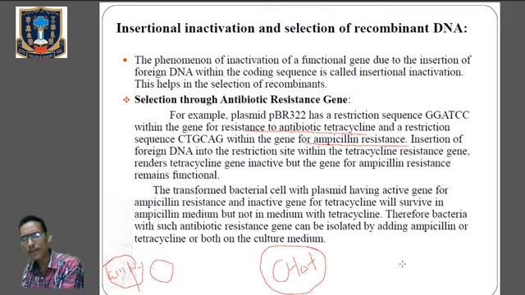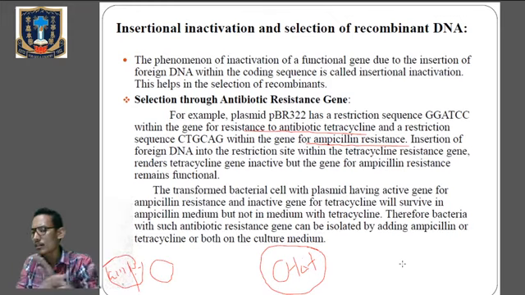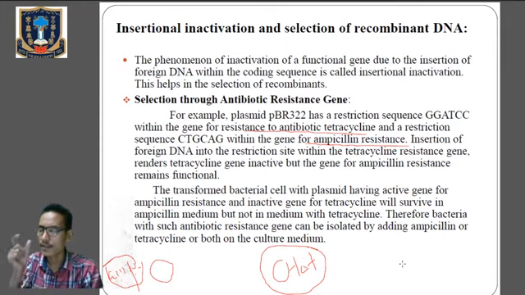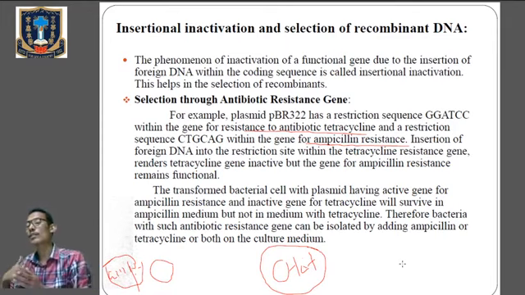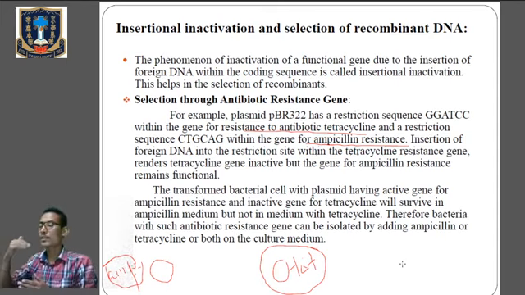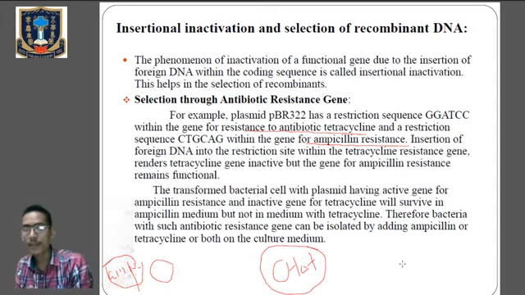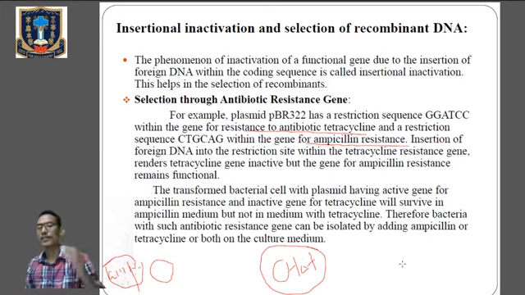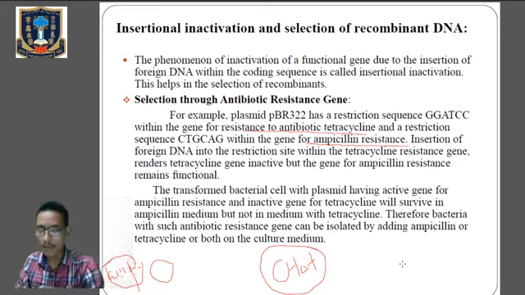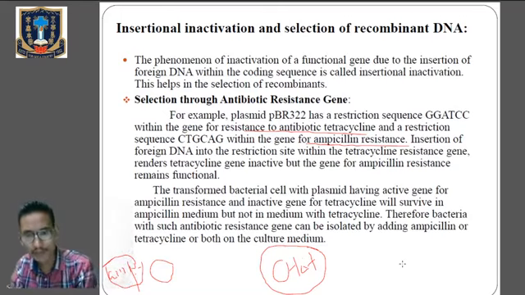But when we put them into a medium containing tetracycline, only those bacterial cells which have not undergone transformation will survive, because non-transformed bacterial cells contain both the ampicillin and tetracycline resistance genes. But those cells which have undergone transformation, which have got the recombinant DNA, cannot survive in a medium containing tetracycline because they have lost the power of tetracycline resistance. In this way we can differentiate between the recombinant and the non-recombinant bacterial cells.